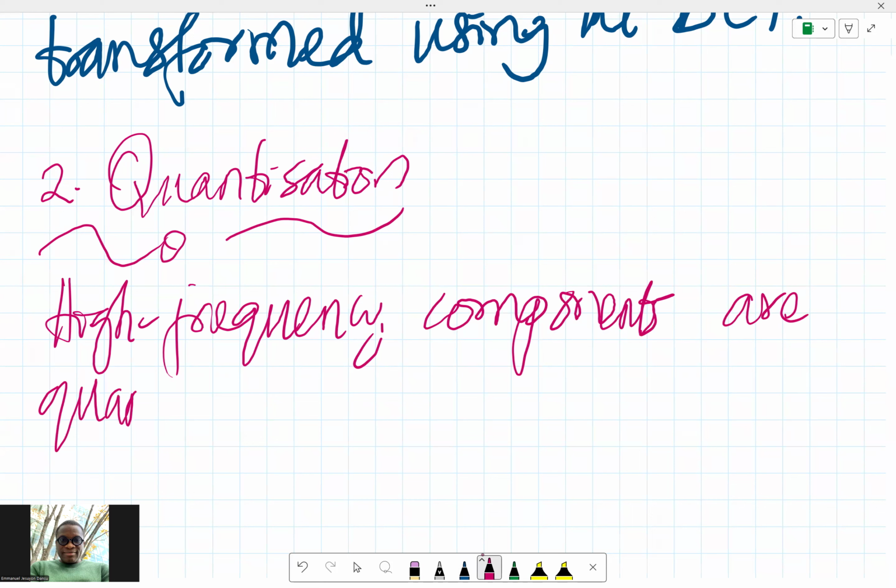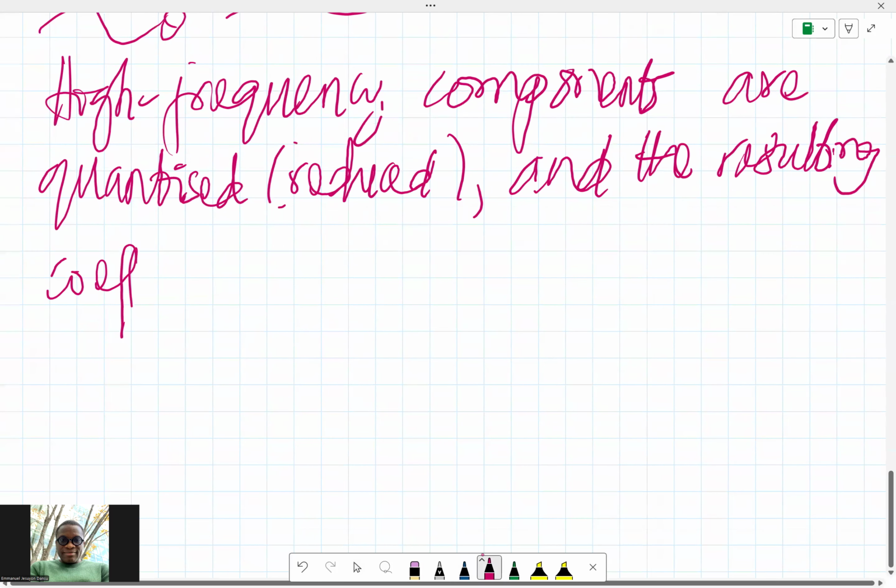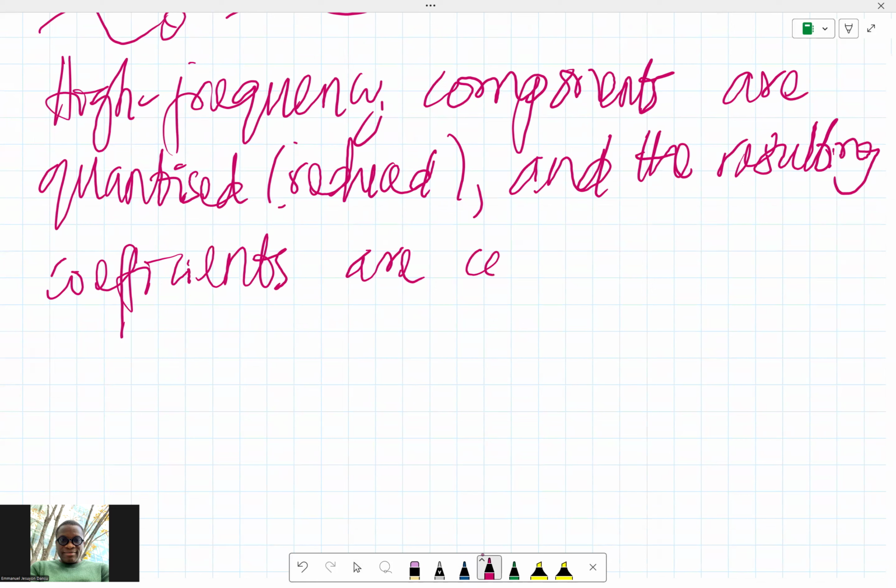Quantization simply talks about reduction, right? They are quantized or reduced, and the resulting coefficients are compressed.